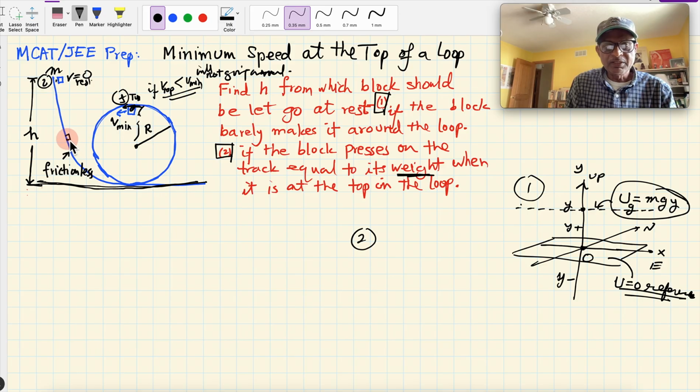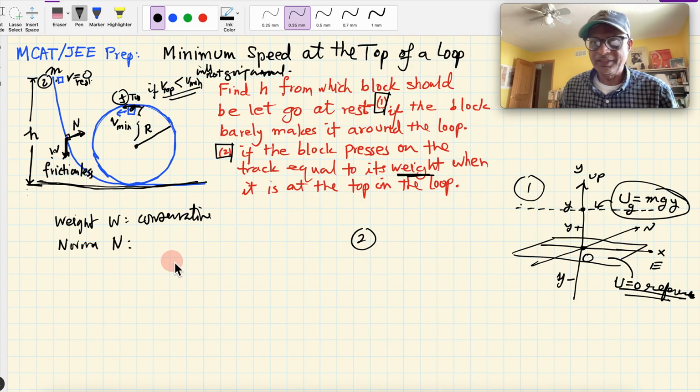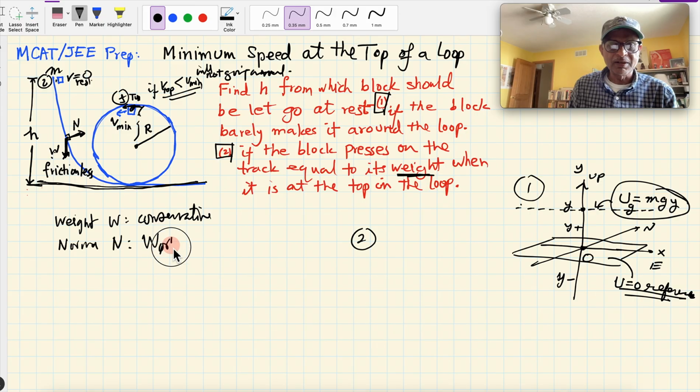At any point, there's the force of gravity, the weight W, which is conservative, and the normal force n, which you would say is not conservative, but actually the work by the normal force will be 0.